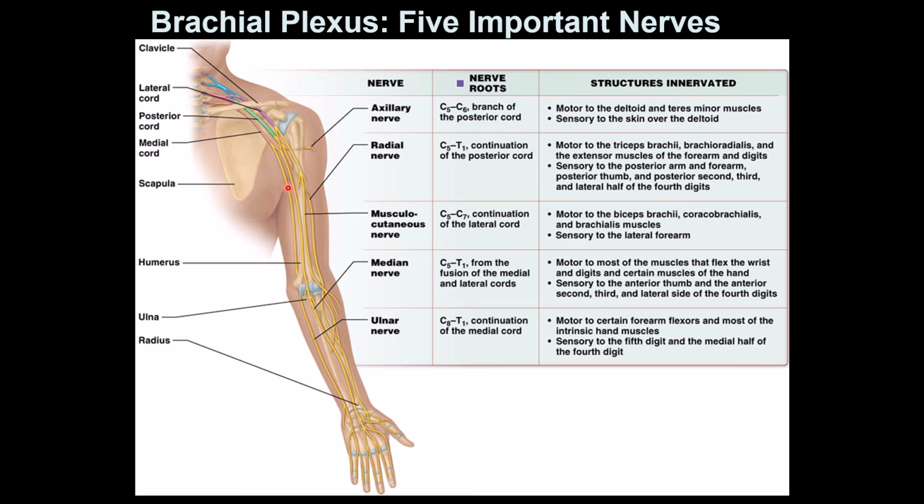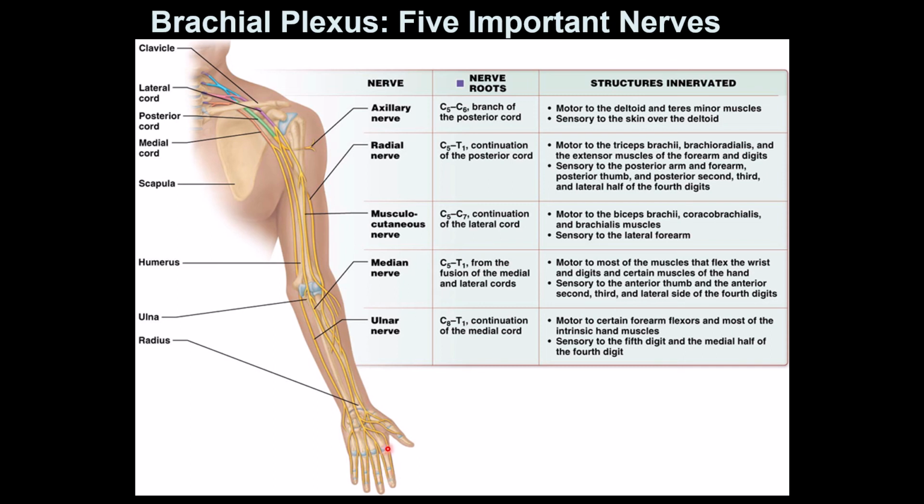Also it supplies the skin of the arm, the skin of the forearm, and this is all the posterior part. And also 3.5 fingers of the posterior part of the hand, 3.5 fingers laterally.